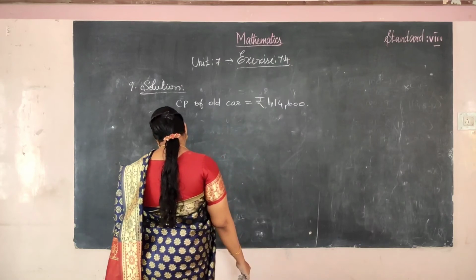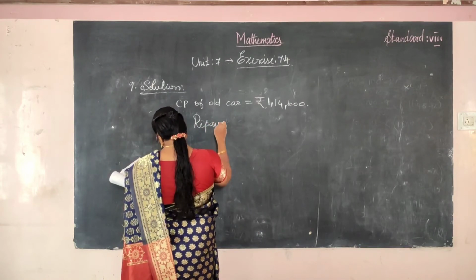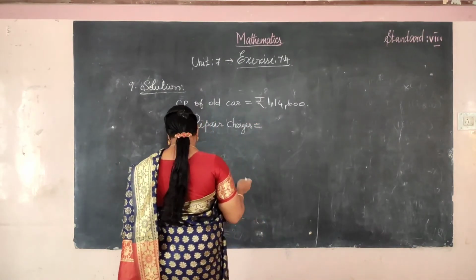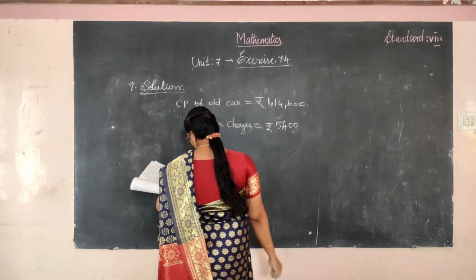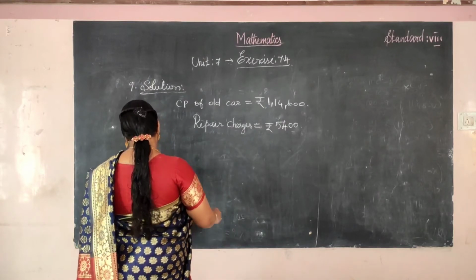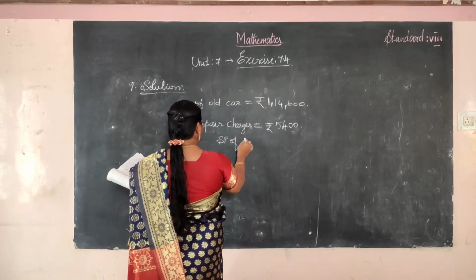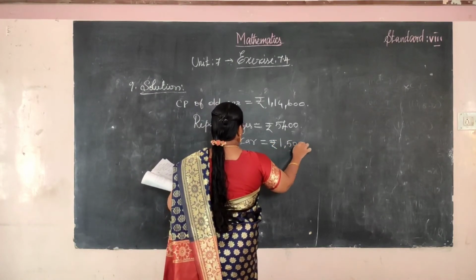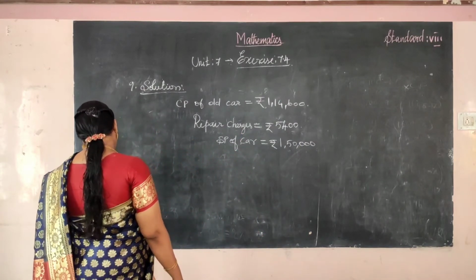Second one, repair charges is equal to rupees 5,400. He sold the car for rupees 1,50,000. Selling price of the car is equal to rupees 1,50,000. These are all the data given. Find the gain percentage in this transaction.